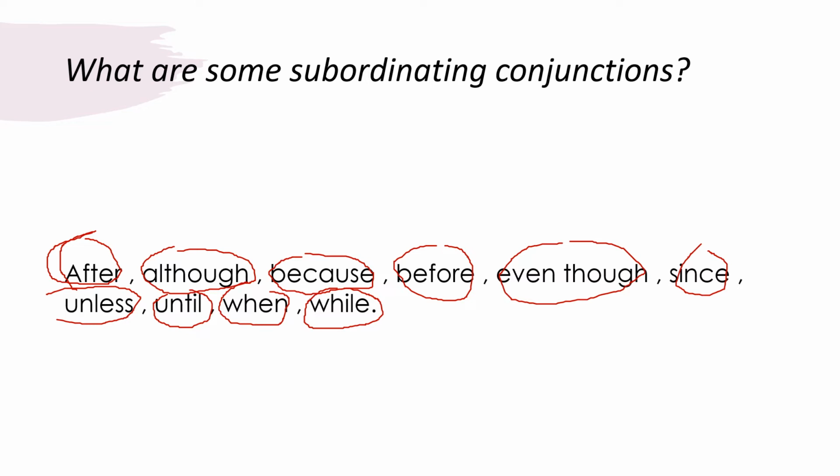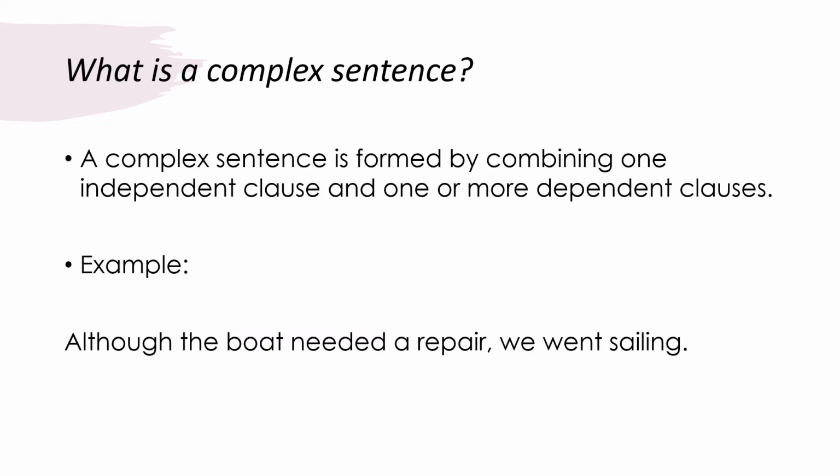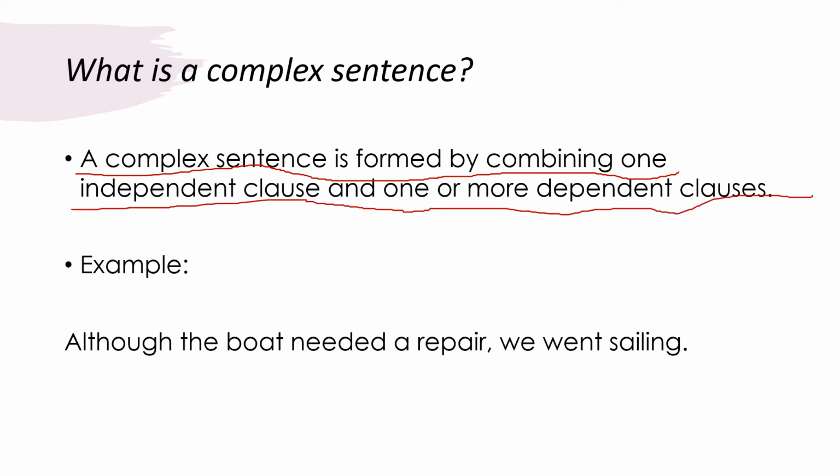By now, I think that we are ready to know about the meaning of a complex sentence. What is a complex sentence? A complex sentence is formed by combining one independent clause and one or more dependent clauses.